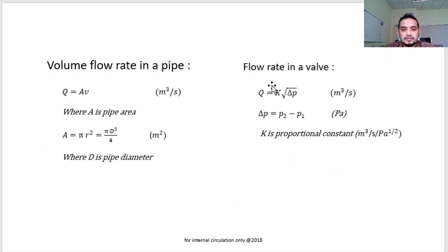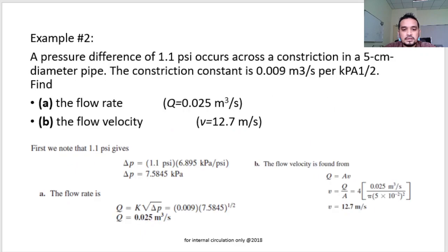Just plug the values into this formula and it will give you the flow rate. Very straightforward. Q is equal to K, the constant, times the square root of delta pressure. That gives you 0.025 meter cube per second.